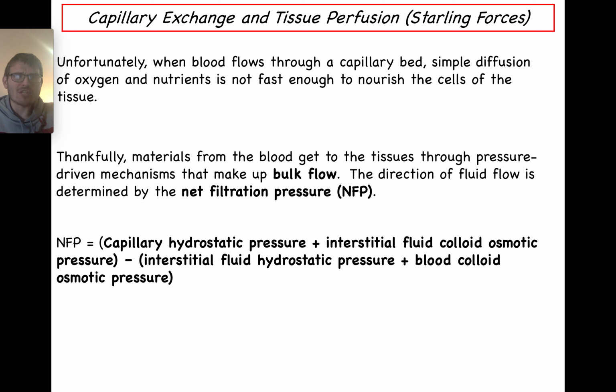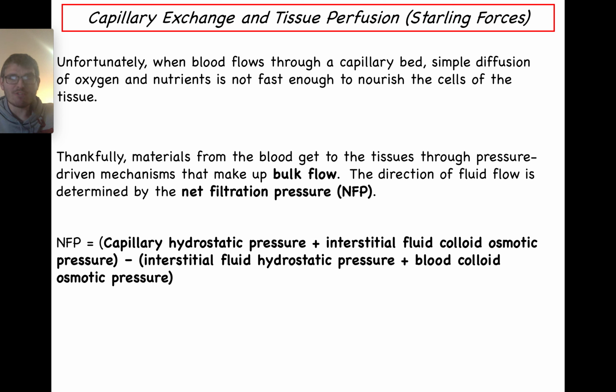So the net filtration pressure, what is called the Starling force equation, it's kind of a complicated looking thing. So there are several things to kind of digest here. You need to know 4 different types of pressures that are all measurable. The capillary hydrostatic pressure, which is basically the pressure inside the blood plasma of the capillary.